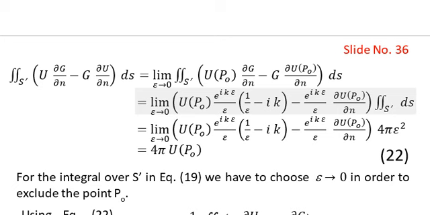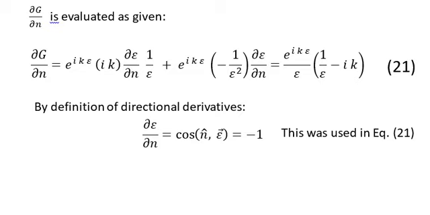We have the same double integral over the surface S prime, and we now have the values of these variables, that is U at the point P naught with its derivatives. So now we have U of P naught into the partial derivative of G with respect to n, minus G into the partial derivative of U evaluated at P naught with respect to n. Now we have to substitute these values. We have taken U of P naught as such, and we have substituted the value of the partial derivative of G with respect to n from the previous equation, that is equation number 21.